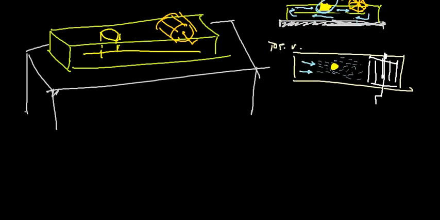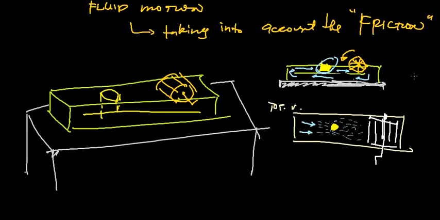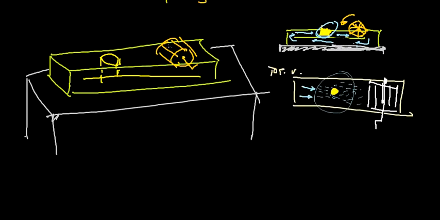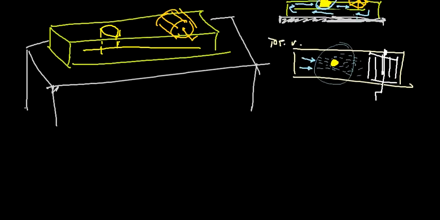Okay. And if we take a look at this experiment, say this is our surface, and we have here our flow, right?